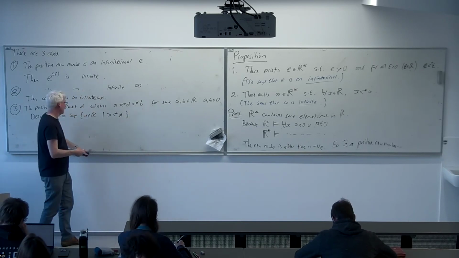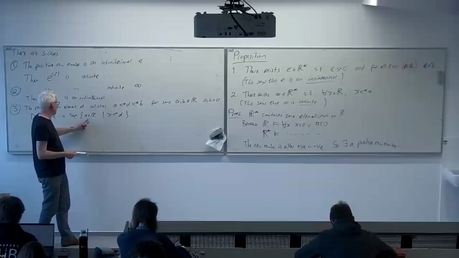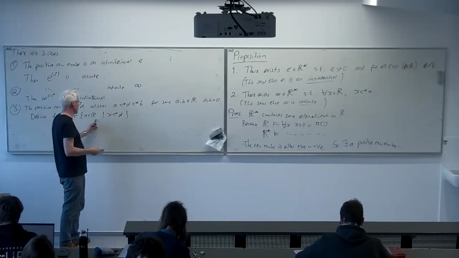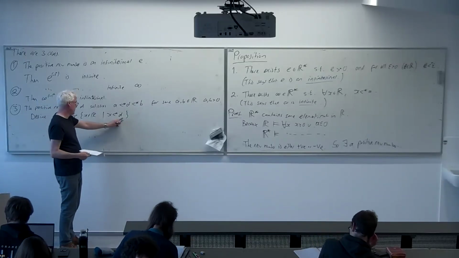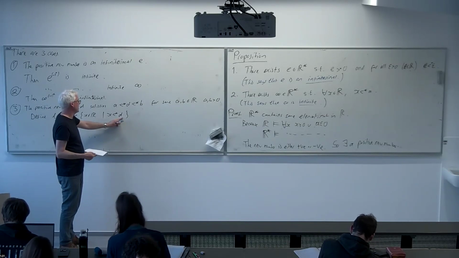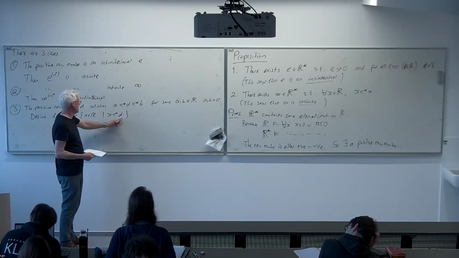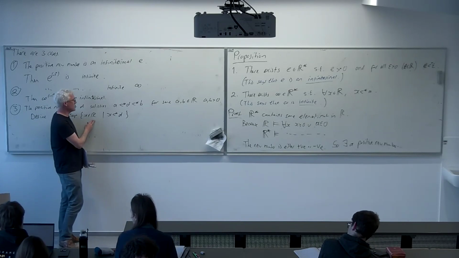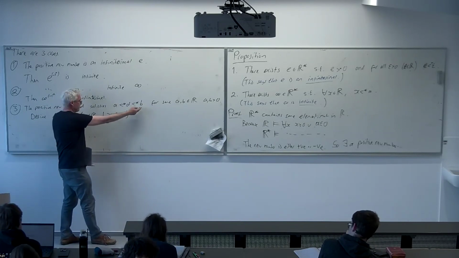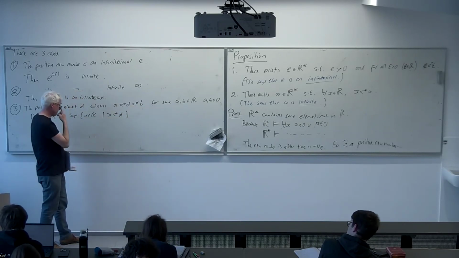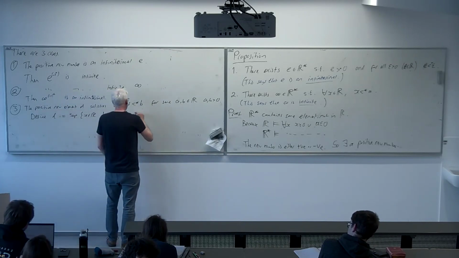So the supremum of all actual real numbers that are less than the number D. Such a supremum exists because the set is bounded above by B. So this is the supremum in the real numbers.